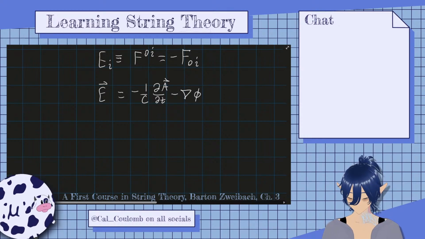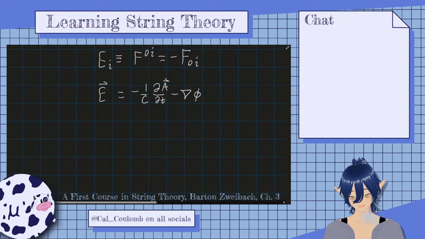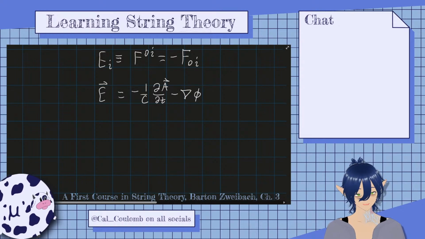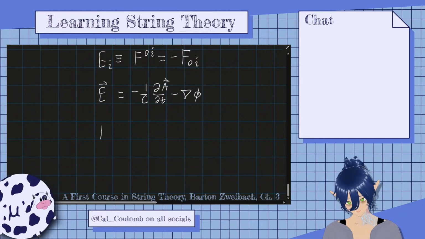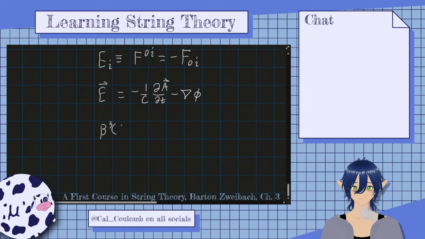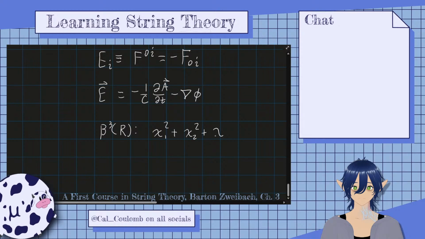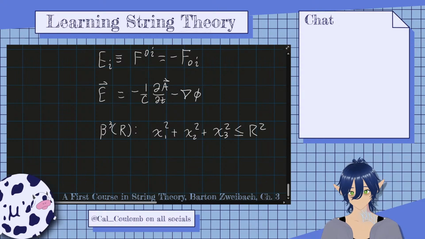All right. In 3-dimensional space R3, as it's called, with coordinates x1, x2, and x3, we write the 3-ball B3 of R as the region defined by x1 squared plus x2 squared plus x3 squared is less than or equal to r squared.